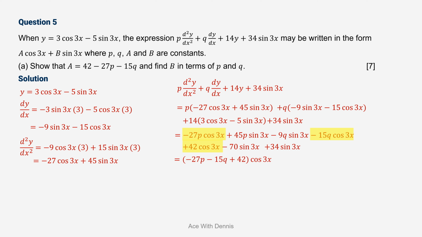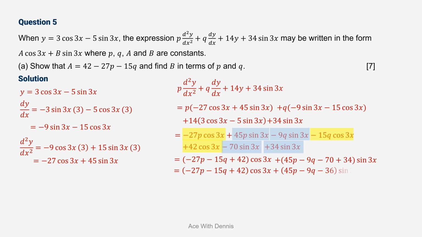When we combine them together, we'll get negative 27p minus 15q plus 42 times cosine 3x. Next, the remaining terms here, they are also like terms. So when we combine them together, it becomes 45p minus 9q minus 70 plus 34 times sine 3x.